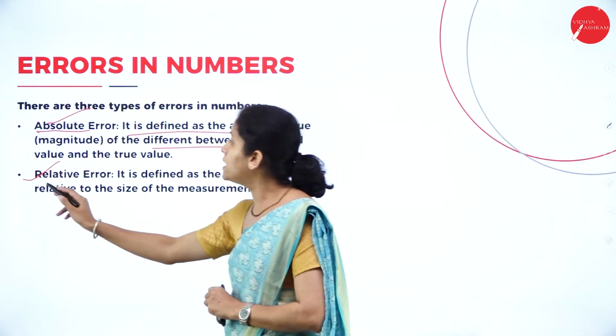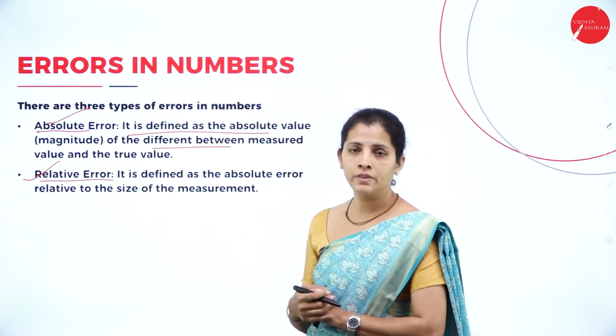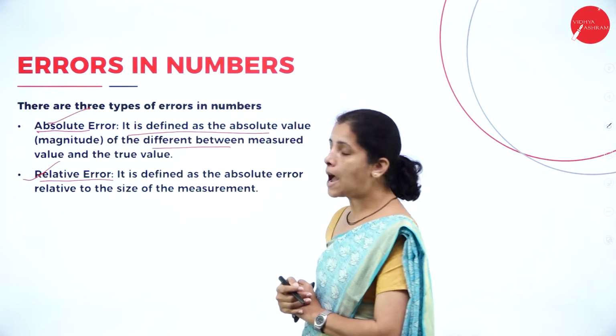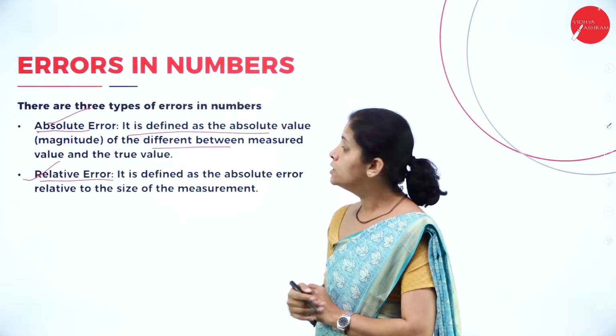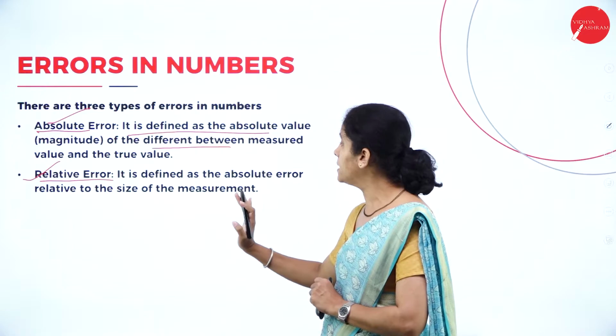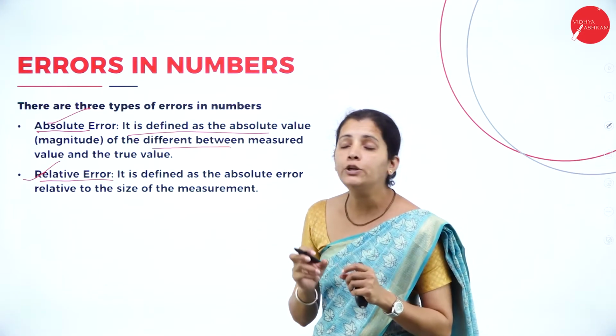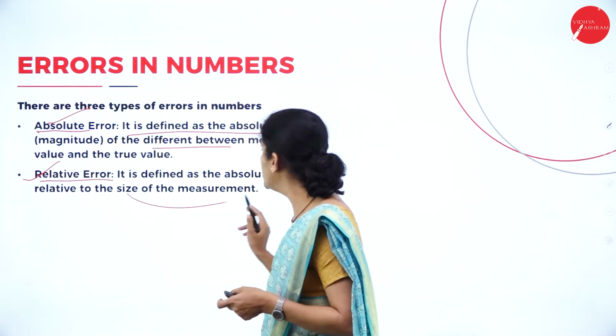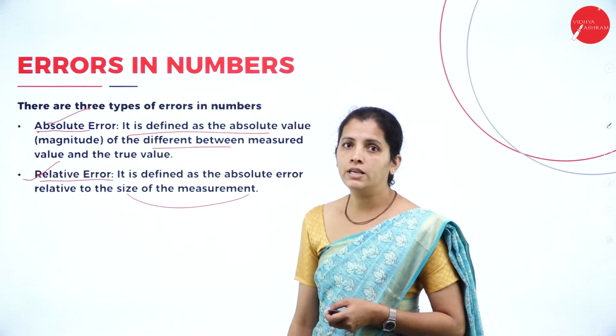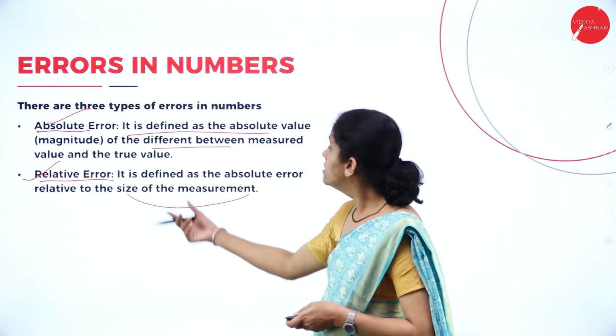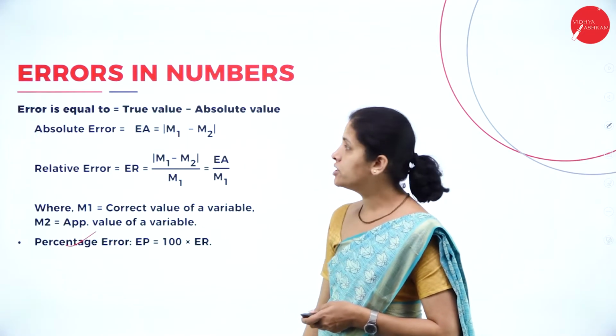Now, what is relative error? Relative error is nothing but the absolute error, but relative to the size of the measurement.